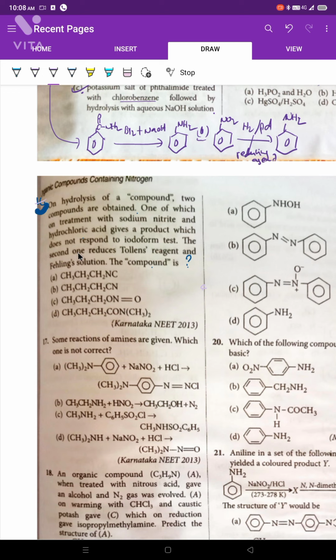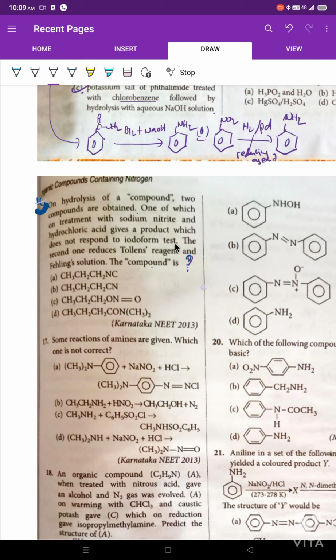The second one reduces Tollens reagent and Fehling reagent. The compound is... This is the question.